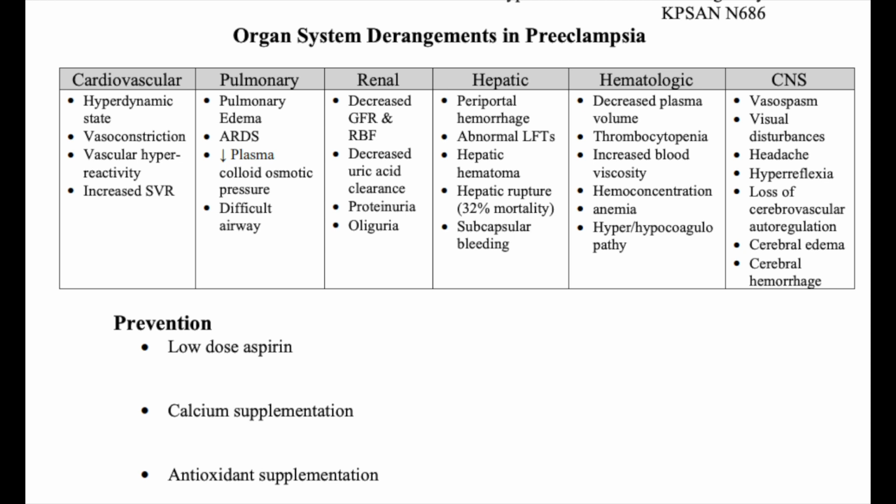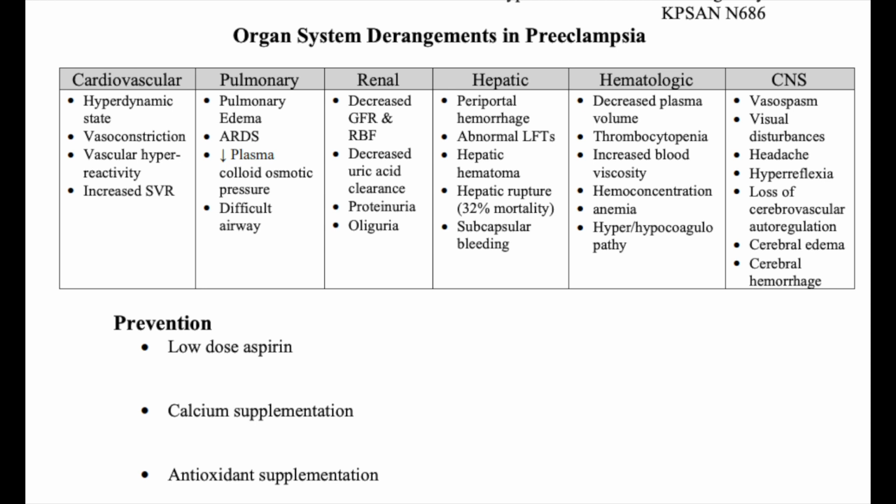Three possible treatments have been proposed to prevent preeclampsia. The first is starting the patient on low-dose aspirin. Low-dose aspirin has been proposed for the prevention of preeclampsia on the basis that thromboxane and prostacyclin levels are exceedingly high in preeclamptic patients, and aspirin inhibits the synthesis of these prostaglandins.